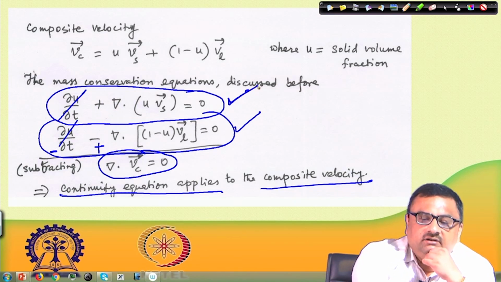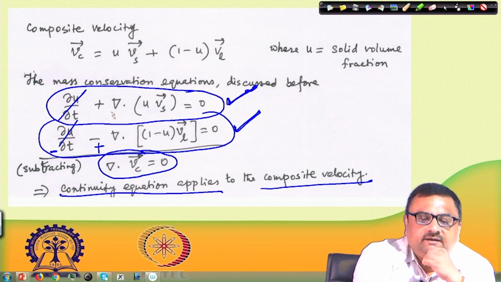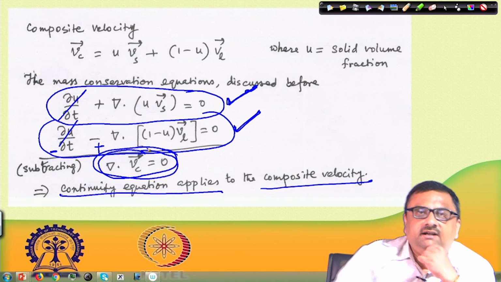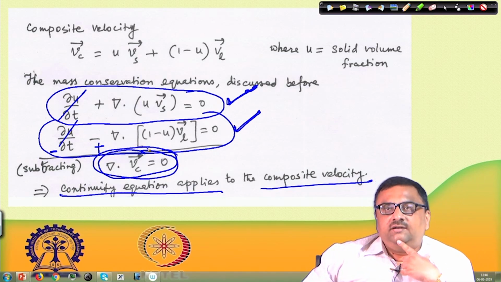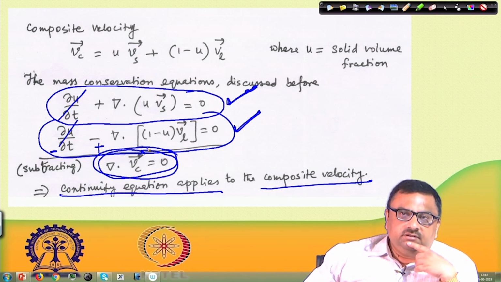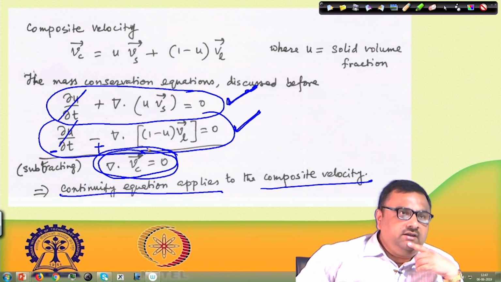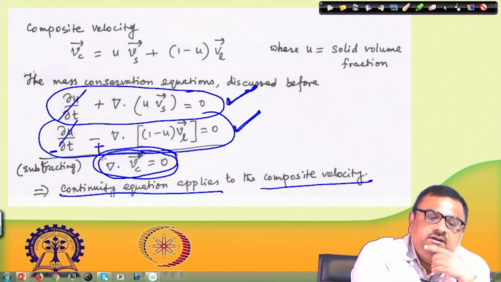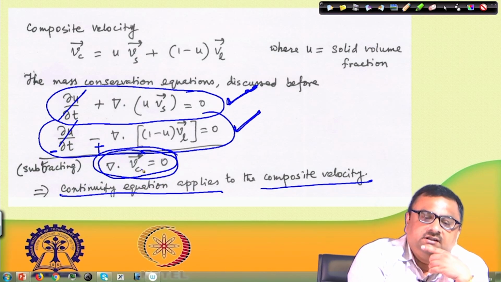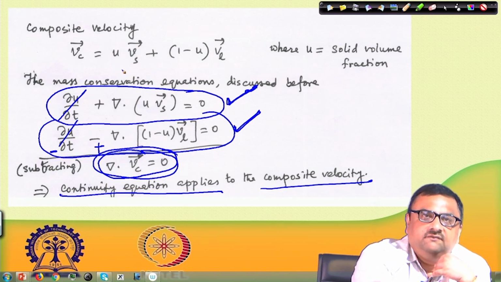This is for the solid, this is for the liquid, and if we subtract one from the other, we see the continuity equation that we saw in flow through porous media for superficial velocity. That continuity equation we can apply if we consider the composite velocity, that is, the solid and liquid velocities weighted by their corresponding fractions.